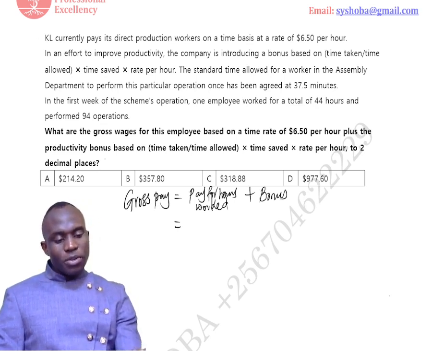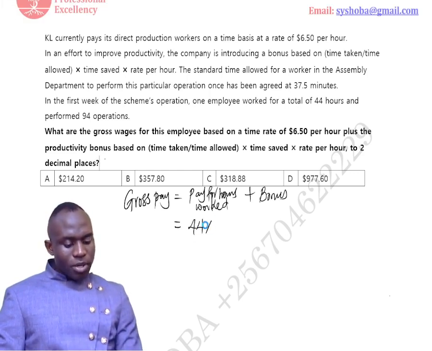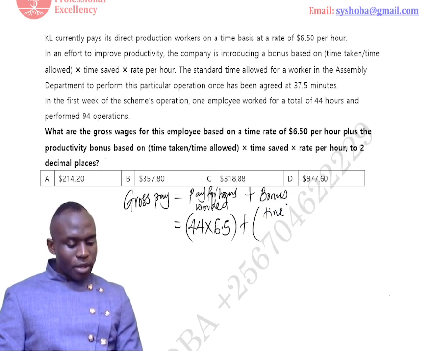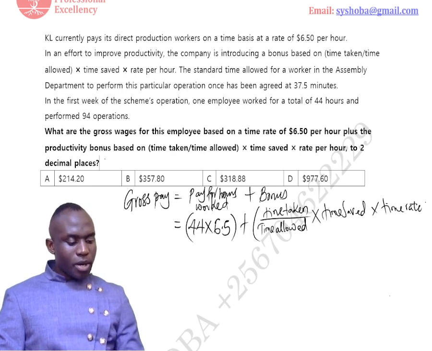So payment for hours worked is going to be, the guy worked for 44 hours, and each hour is paid at 6.5. Then plus bonus, but in this question, bonus is calculated as time taken divided by time allowed times the time saved, then times the time rate per hour, what is paid per hour.